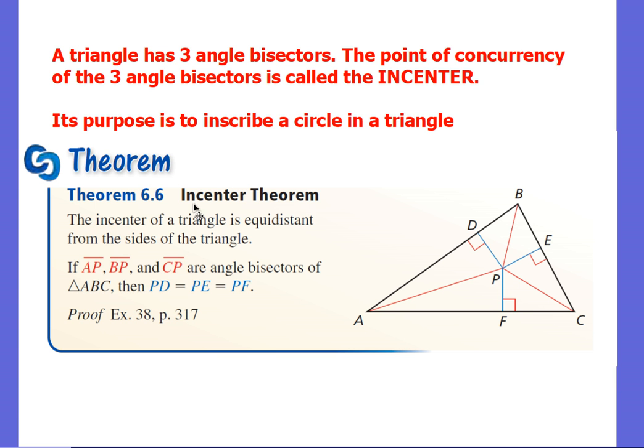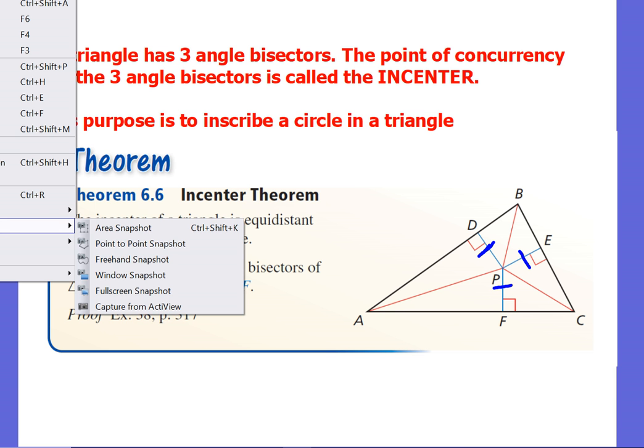And what ends up happening with our incenter theorem, or the characteristic of our incenter, is that it is equidistant from the sides of the triangle. So the distance from P to the line AB is equal to the distance from P to the line BC and from P to the line AC, making PD, PE, and PF all congruent to one another.